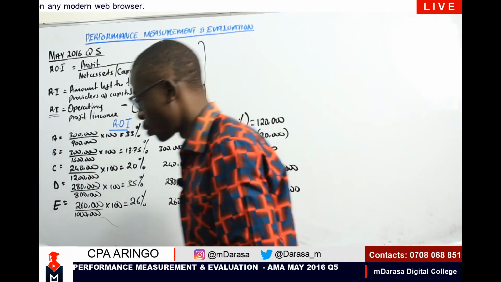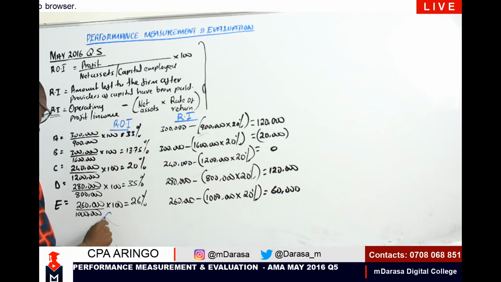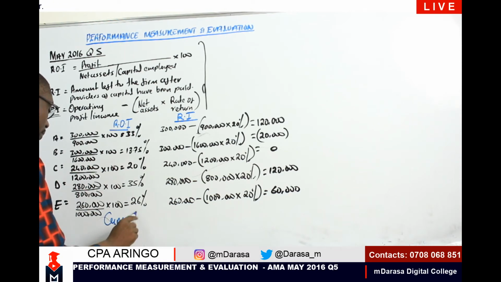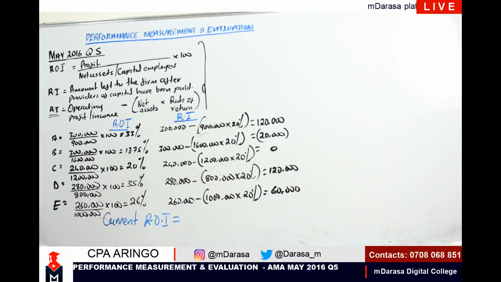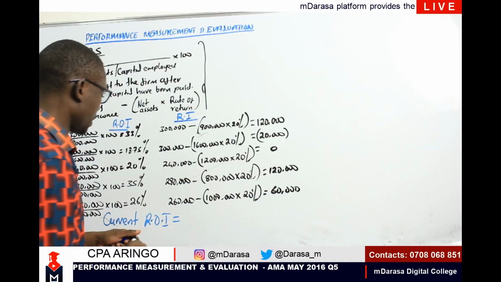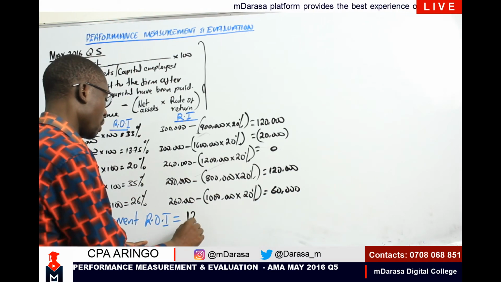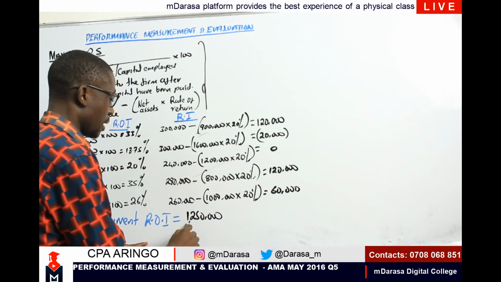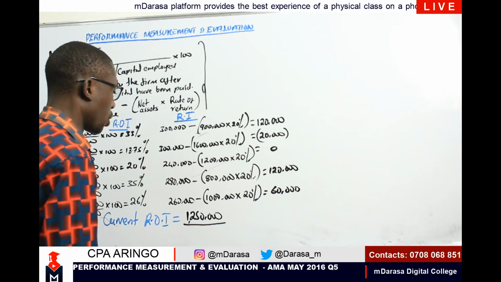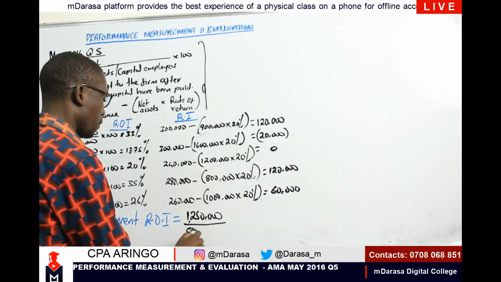Because the question wanted us to advise, what will be the current return on investment of this firm? I can clearly see I was given a profit of 1,250,000, right? And the capital employed, the injected capital, I was given a figure of 5 million.